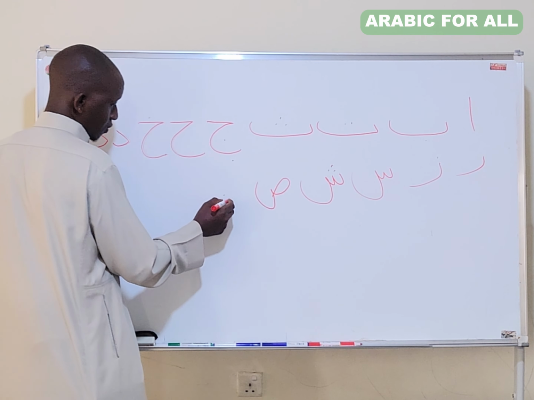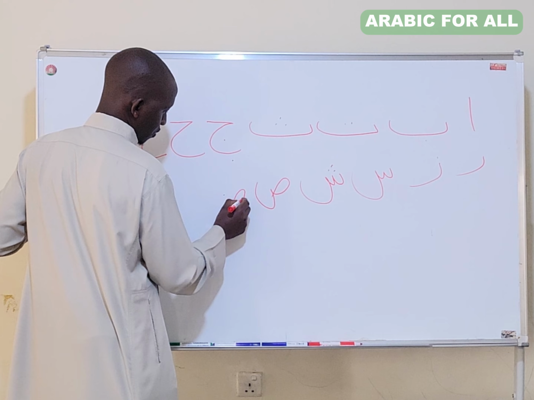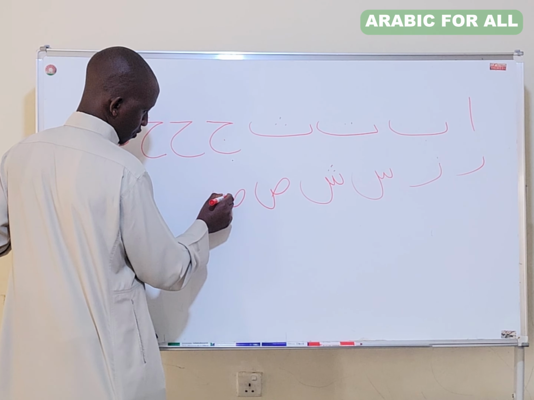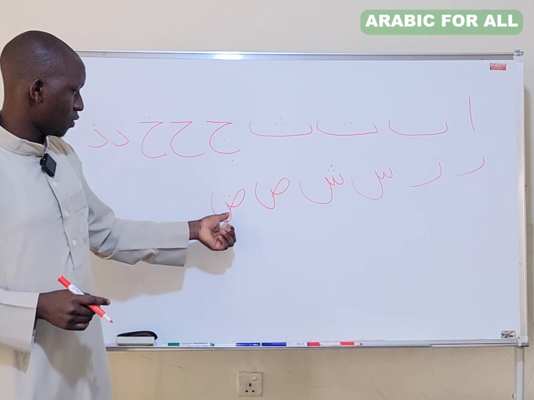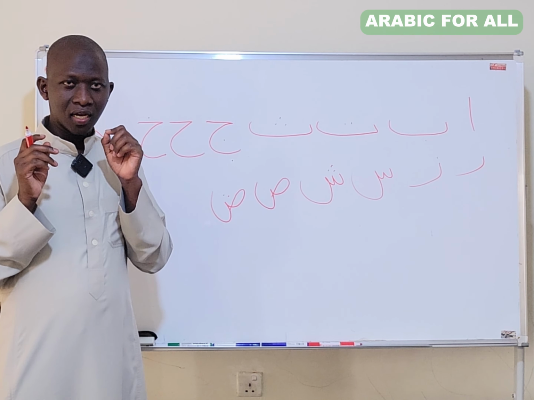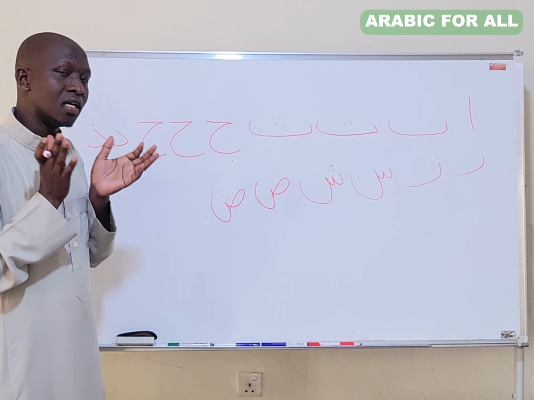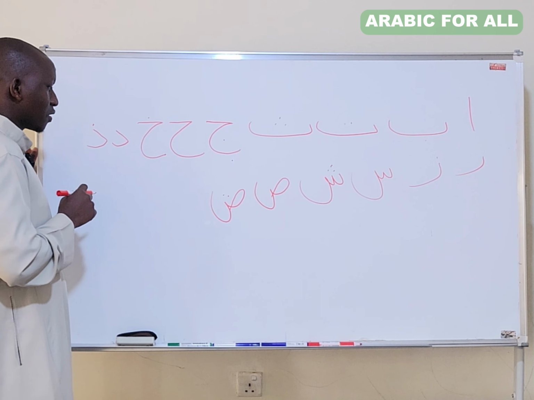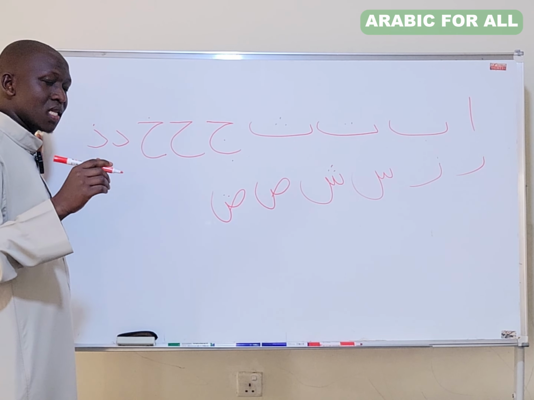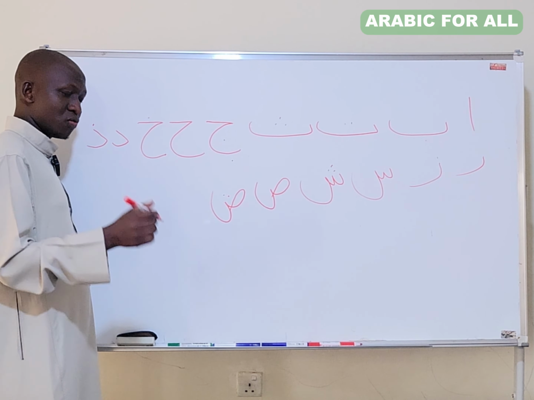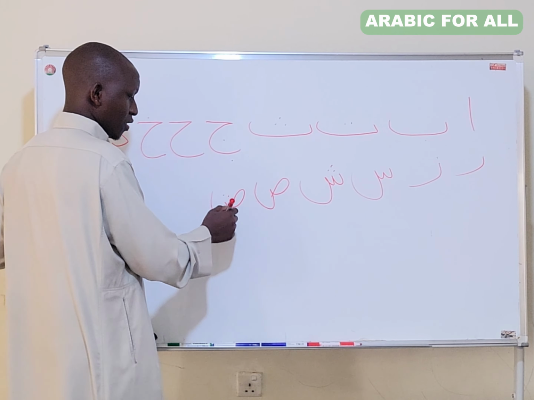Then we have dad, which is like this. Also, dad. Dad comes from the sides of your tongue. The sides of your tongue touch your upper molars. You say dad. Be cautious not to say dhad, because in English we do not have this sound.